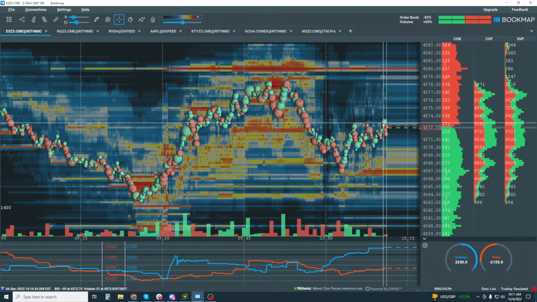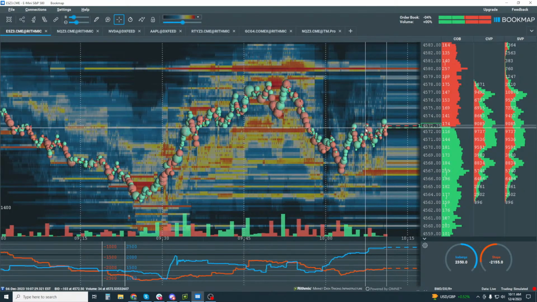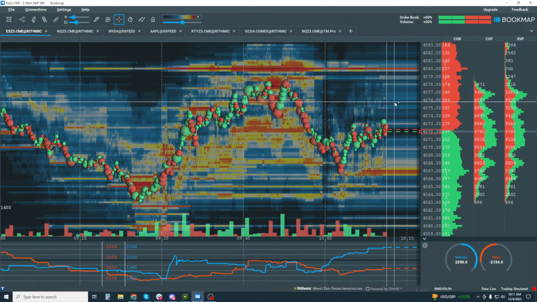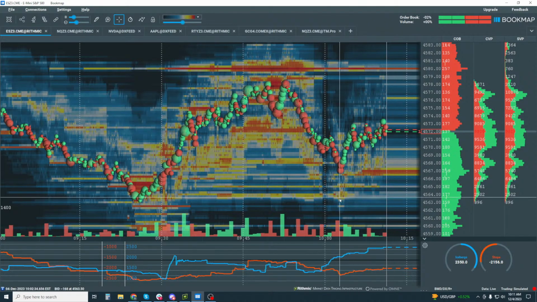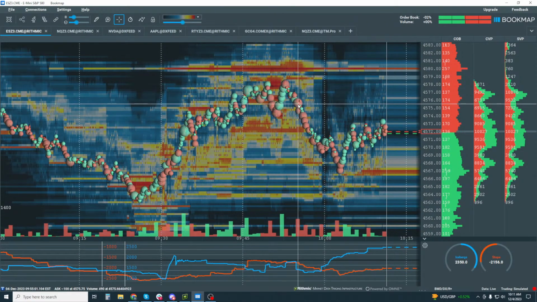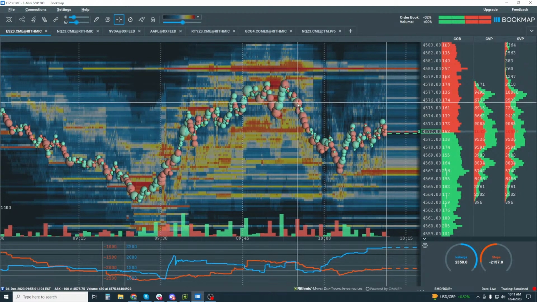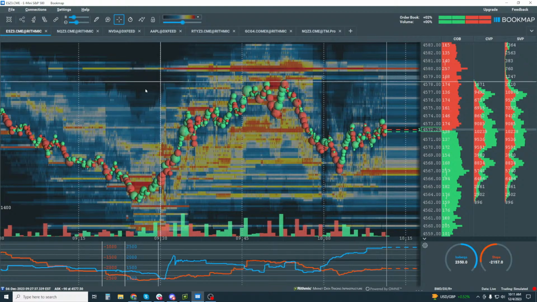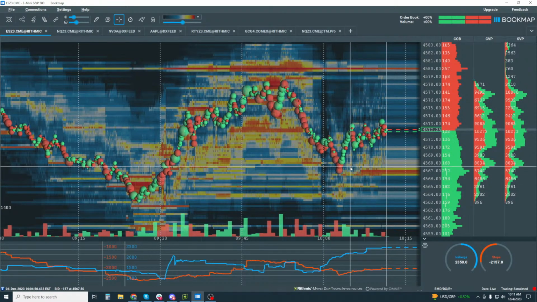We know they're accumulating, it looks like. So we've got more factors on our side for the breakout to the upside. The first scenario would be to look for this move upwards here.